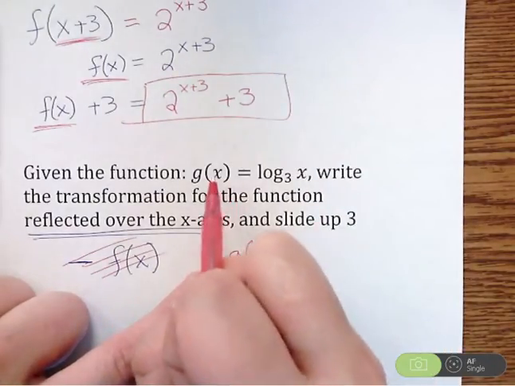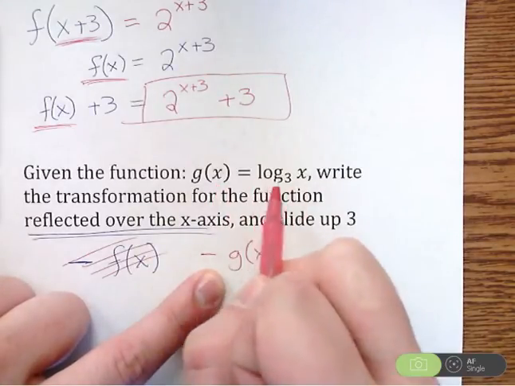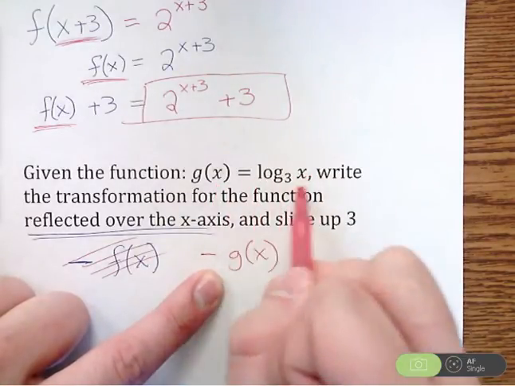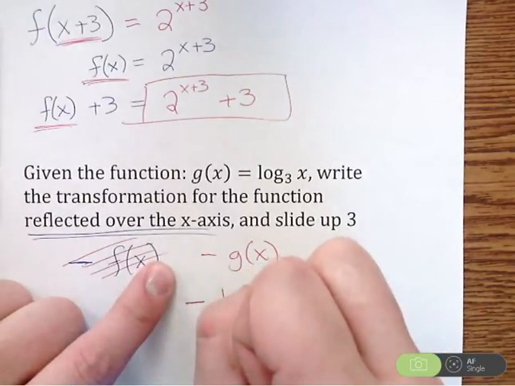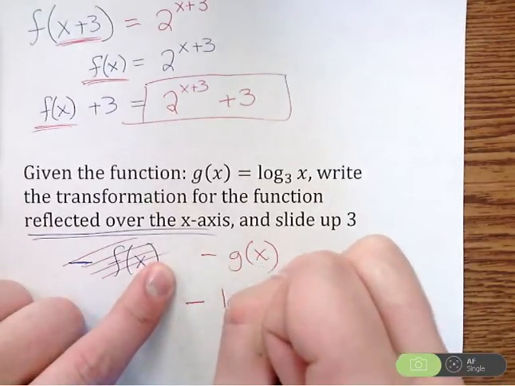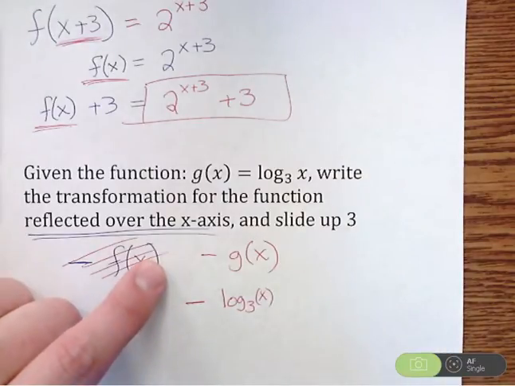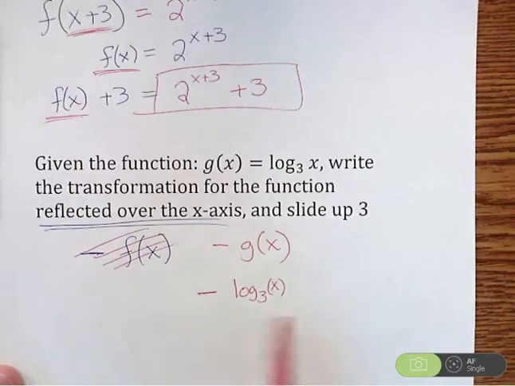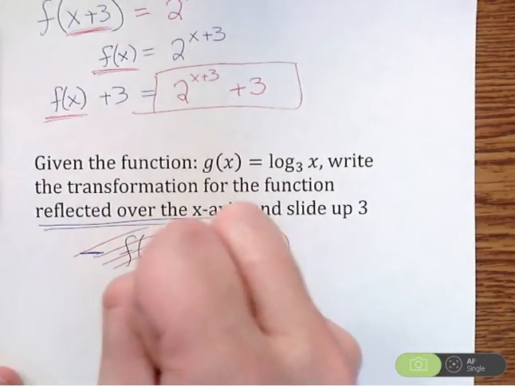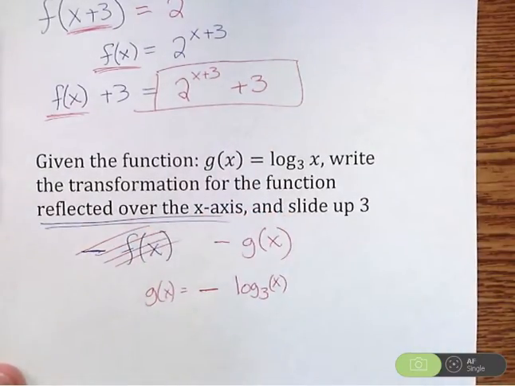So this is saying up here, g of x is log base 3 of x. So I'm going to take all of that and plug it in for g of x. So that's going to be negative log base 3 of x. Now looking at that, I ask myself, is there any simplifying that can go on there? There's nothing, so this becomes my new g of x function.